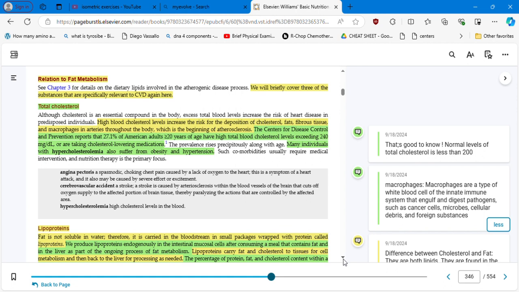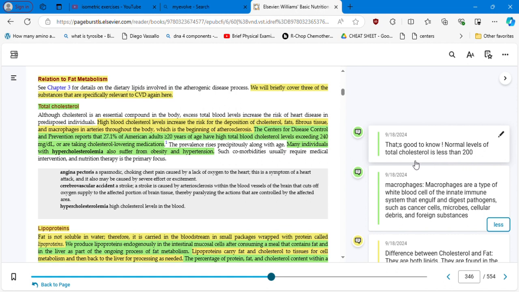The CDC, okay, reports that 27.1% of American adults older than 20 years of age have high total blood cholesterol levels exceeding 240 mg/dL or are taking cholesterol-lowering medications. Dr. Matalana, so what is the normal range then for total cholesterol?